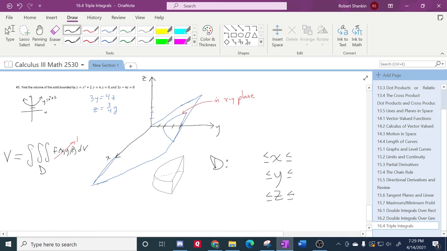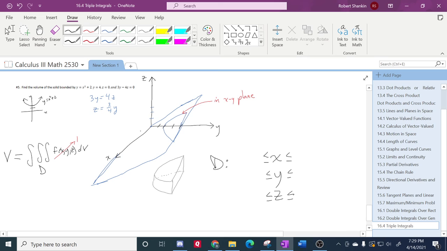There's got to be one with just constants. And anybody have a suggestion? Which one should be constants? The X, the Y, or the Z? Z. Now, if we did the Z, it would go from where to where?